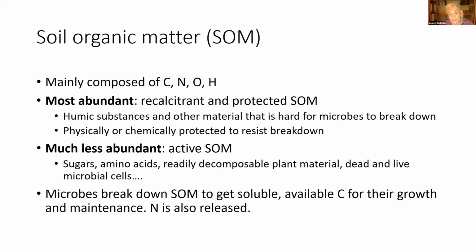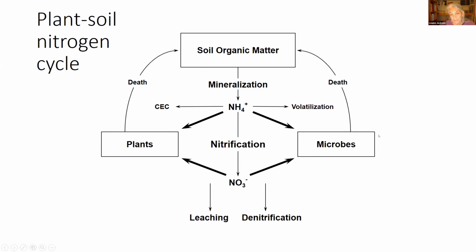So what microbes do, as Daniel explains, is break down the soil organic matter to get soluble or available carbon for their growth and maintenance. And nitrogen is also released. That nitrogen can be taken up by microbes to meet their nutritional demands, or it can be available for plants and other microbial processes. So this nitrogen cycle shows the soil organic matter is the kind of anchor point.